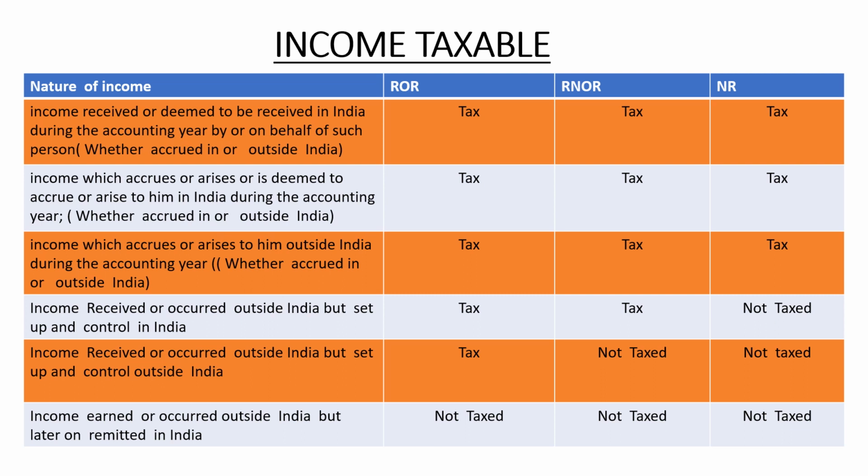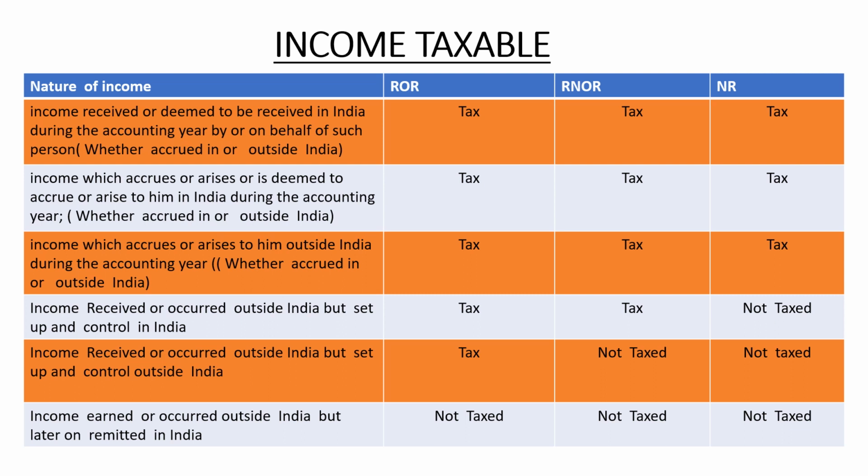If he is in RNOR, he will also pay the tax, and NR will pay the tax if he received the income or deemed to be received income in India. Second condition, income which accrues or arises or is deemed to accrue or arise to him in India during the accounting period.